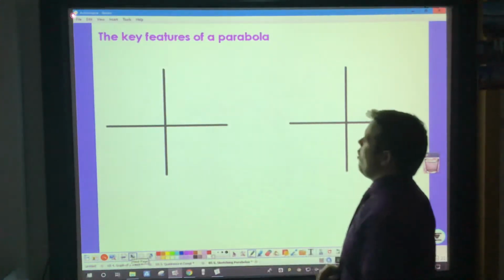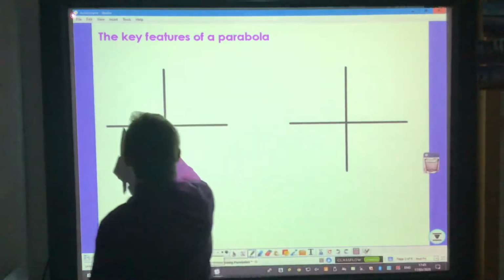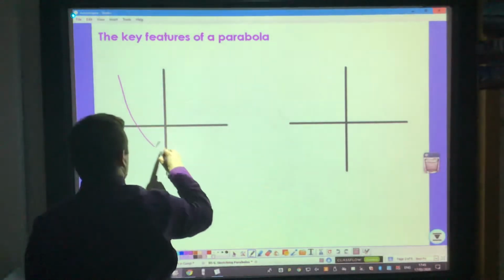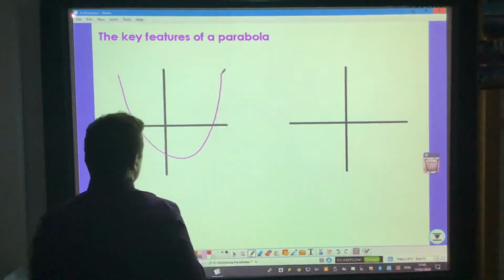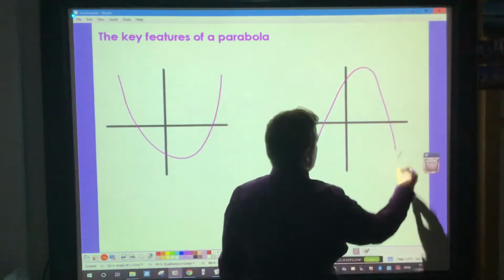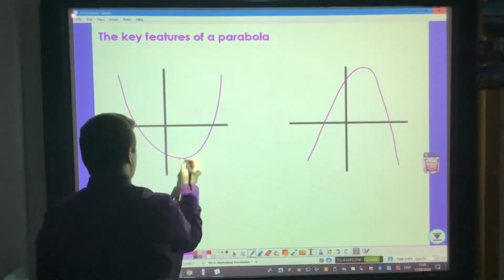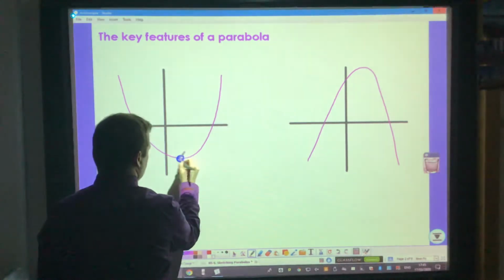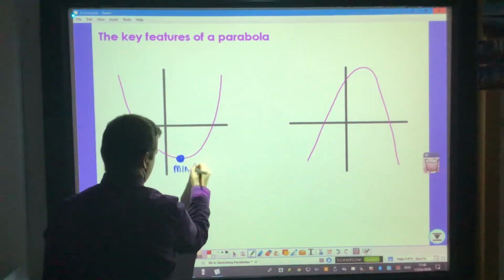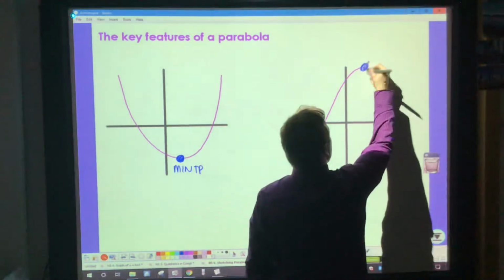The key features of a parabola. So you get kind of two things. You've got this one here, and you've got this one here. So this is a minimum turning point. And this one here has a maximum turning point.